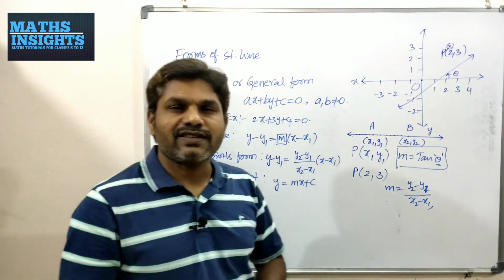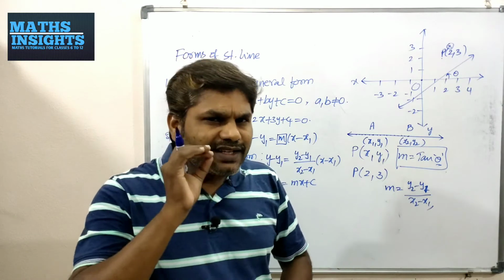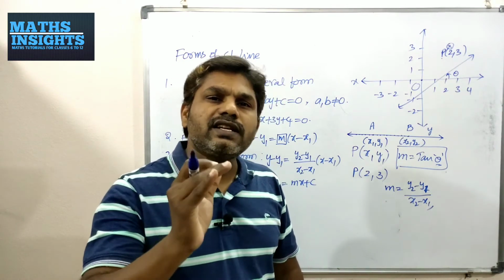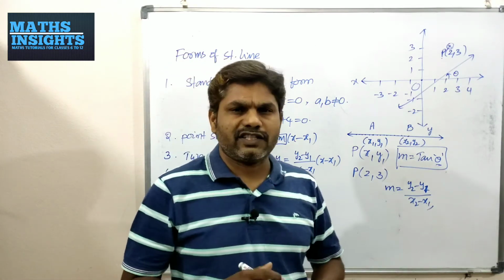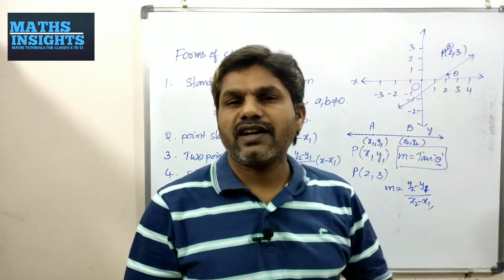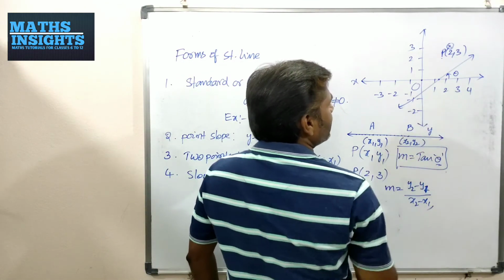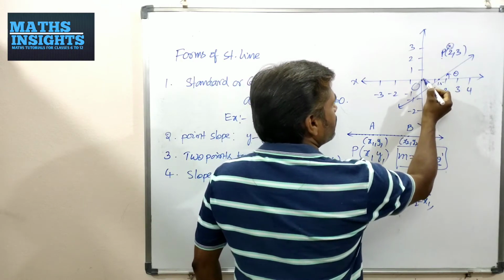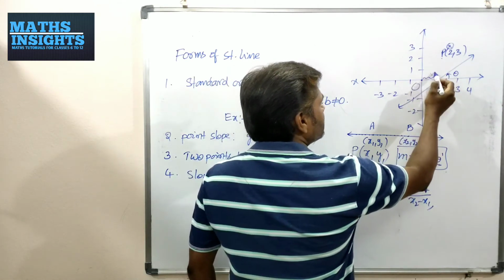Again the question arises, what is meant by intercept? It's very simple. X intercept or y intercept, both are distances: the distance at which the line is cutting the x-axis, that is x intercept, and the distance from the origin where the line is cutting the y-axis. Suppose this right line is cutting x-axis here, let it be 1.5, then this is called x intercept. You may represent it as a.